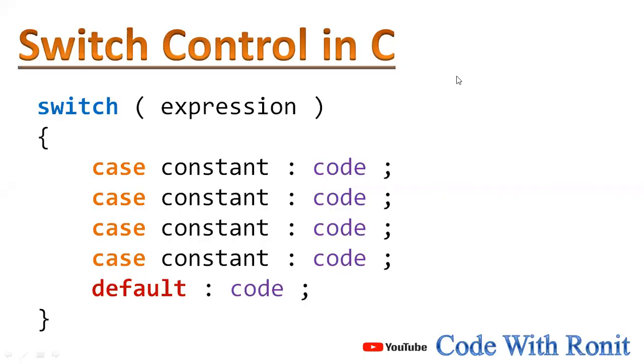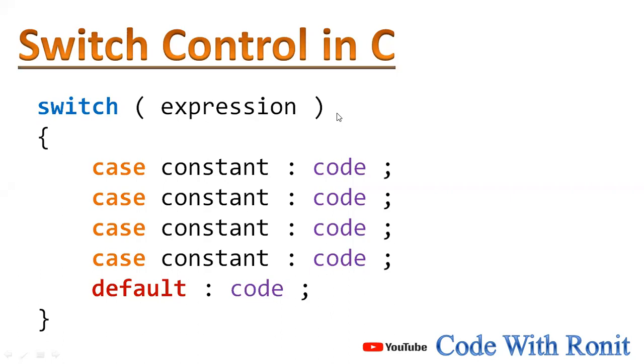So now, switch control. The basic syntax of the switch statement is on the screen. There is a keyword switch. It takes an argument. In the argument, there can be any constant number or any expression.